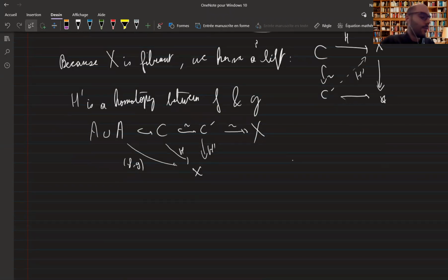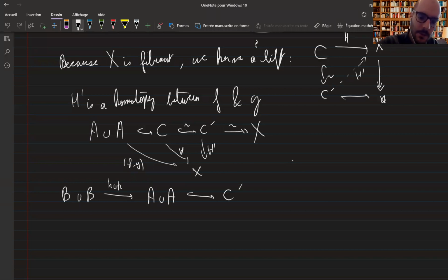So now we are going to use this to our advantage. We want to define a homotopy that goes from a cylinder for B. So here we have our map from the coproduct of B with itself to the coproduct of A with itself into A. We go into C prime.